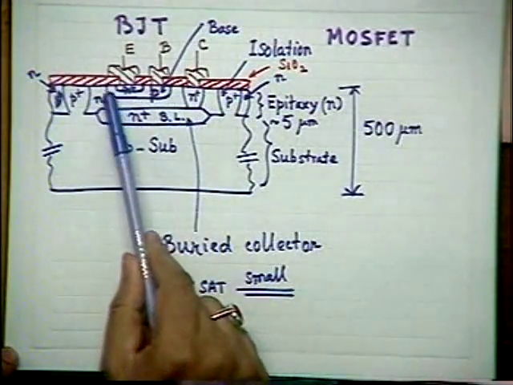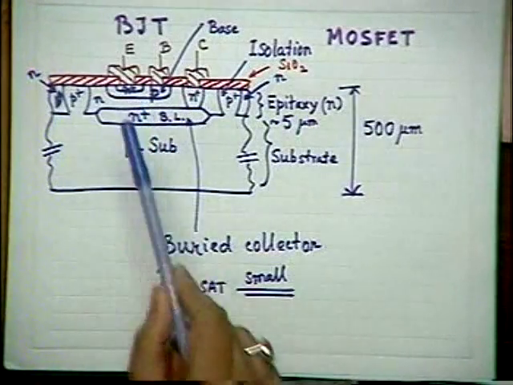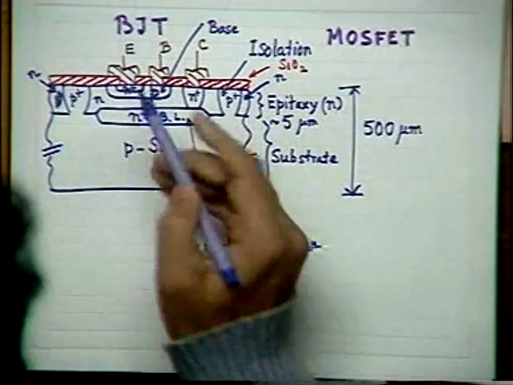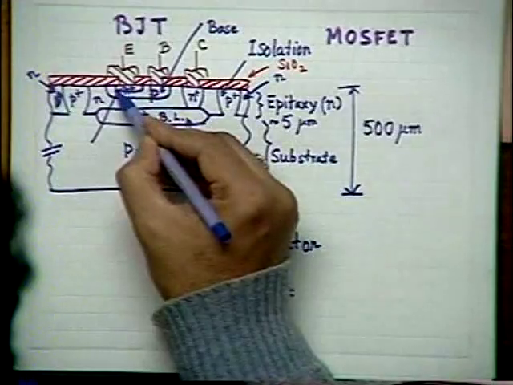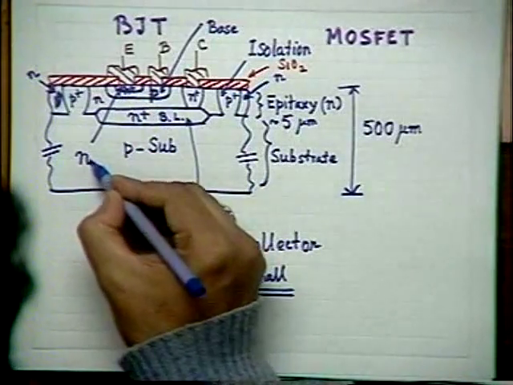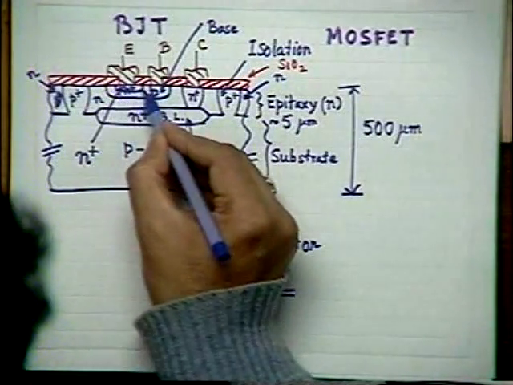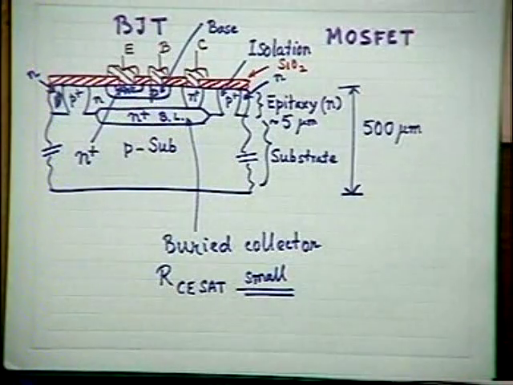And within the base, again, I think it is not readable very clearly, so I am showing it separately. This region is N plus. This N plus is the emitter.